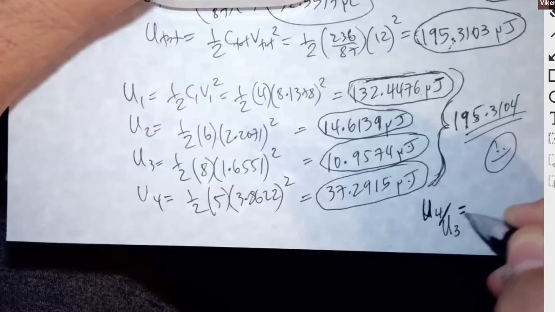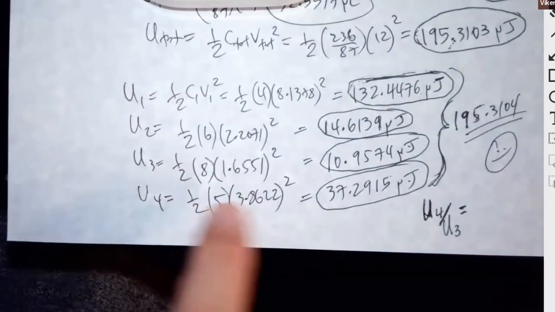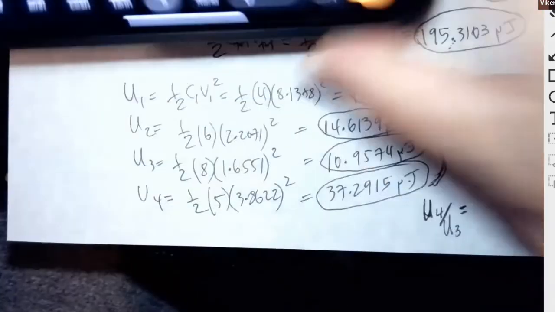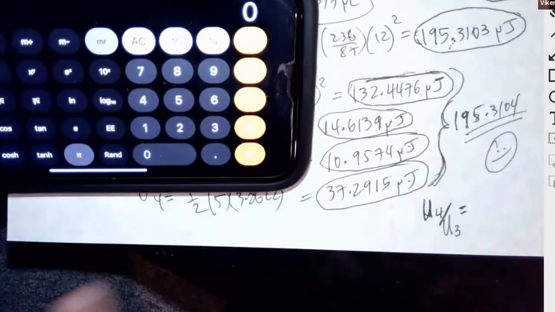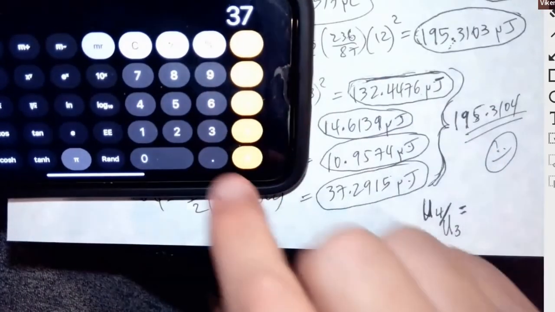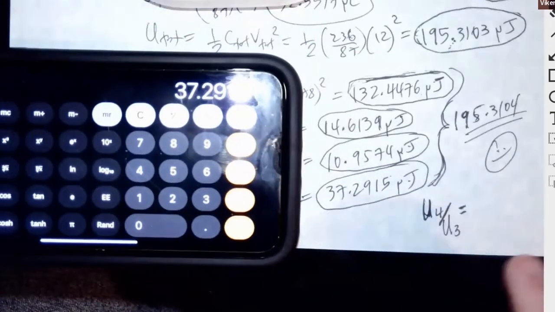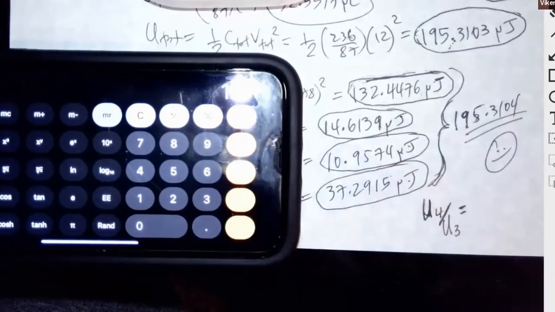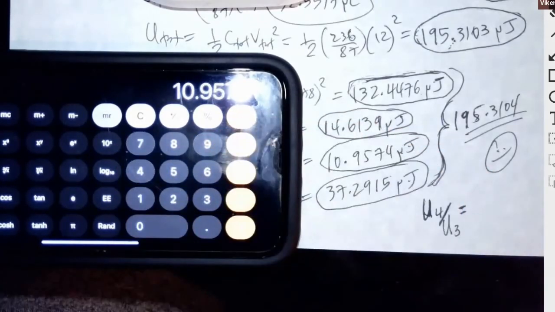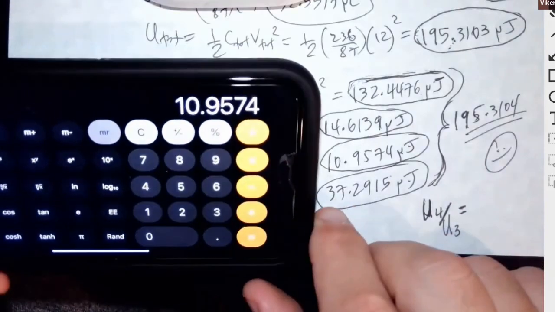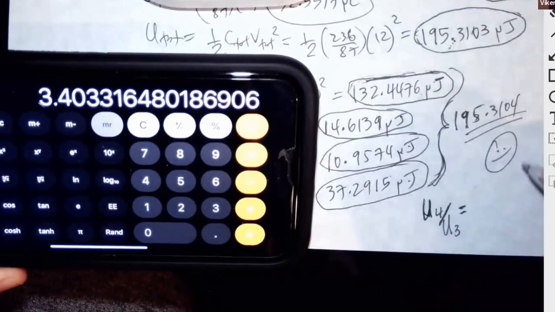It looks like it's about 4, but close to 4, not quite. 37.2915 divided by 10.9574. Oh, it's not even, it's about 3.4.